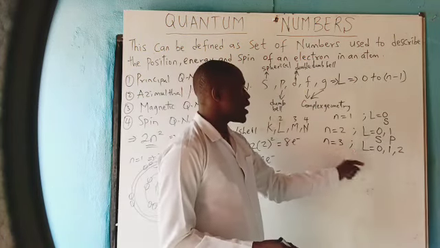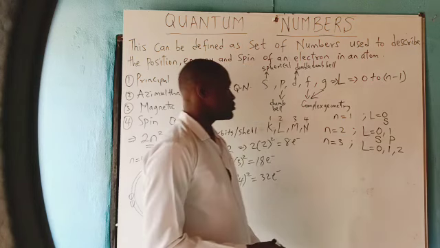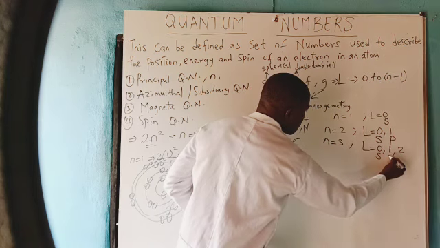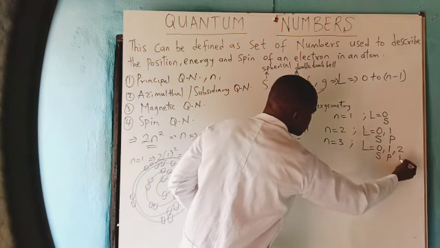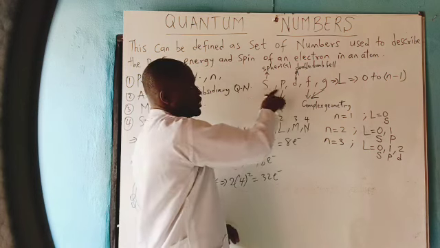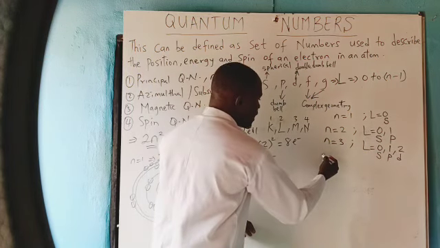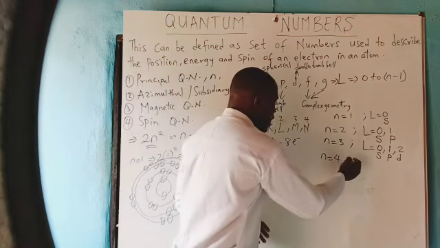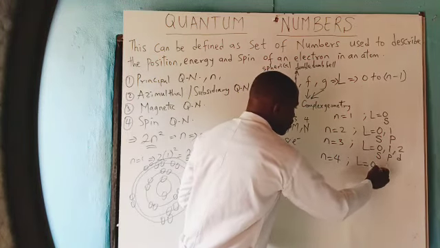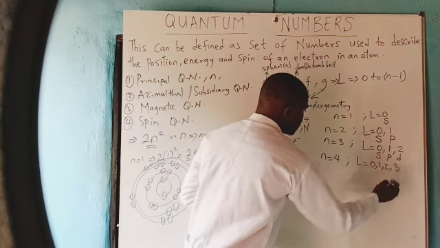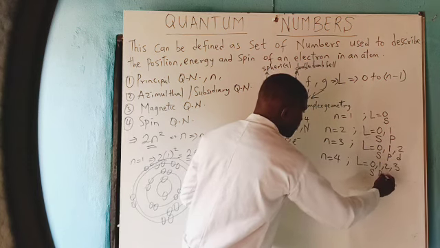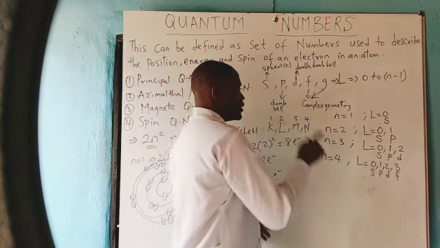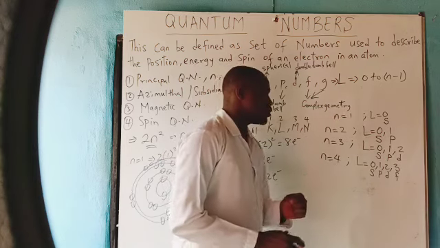So 3 minus 1 is 2. This will be called the s orbital, p orbital, and d orbital, according to this pattern. Then when n is equal to 4, our l will be equal to 0, 1, 2, 3. This is the s orbital, p orbital, d orbital, and f orbital. That is how you continue.